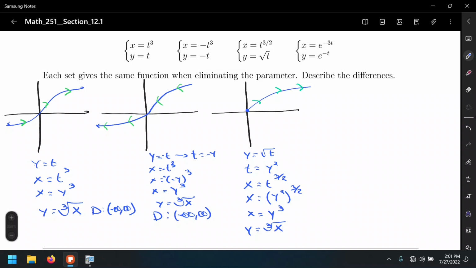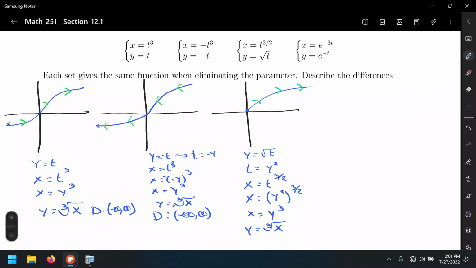Isn't it the same function as in parts A and B? But there's a little difference that we need to specify in this case, because if we were looking at a paper, the function y equals the cube root of x, okay, no problem. The domain of y equals cube root of x is all real numbers. But in this case, we know for sure that this cube root of x comes from this parameterization.